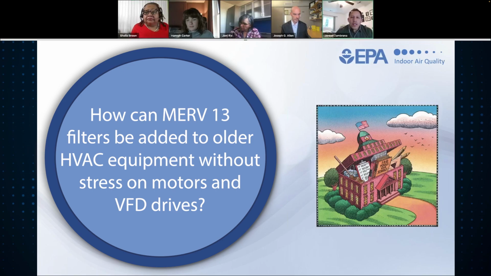What we would recommend is to work with a professional to evaluate the highest level MERV filter that your HVAC system can accommodate. And if you find in consultation with a professional that you cannot accommodate, say, a MERV 13 or at least a MERV 11, but you still want to improve filtration within your individual buildings or classrooms, then I would say your next step is to look at individual air cleaners in the room.